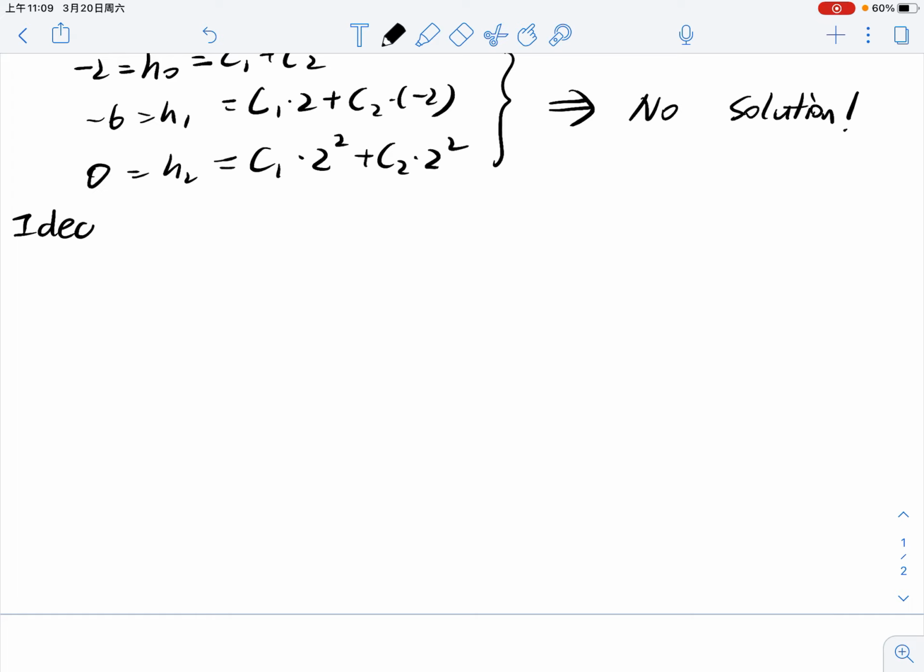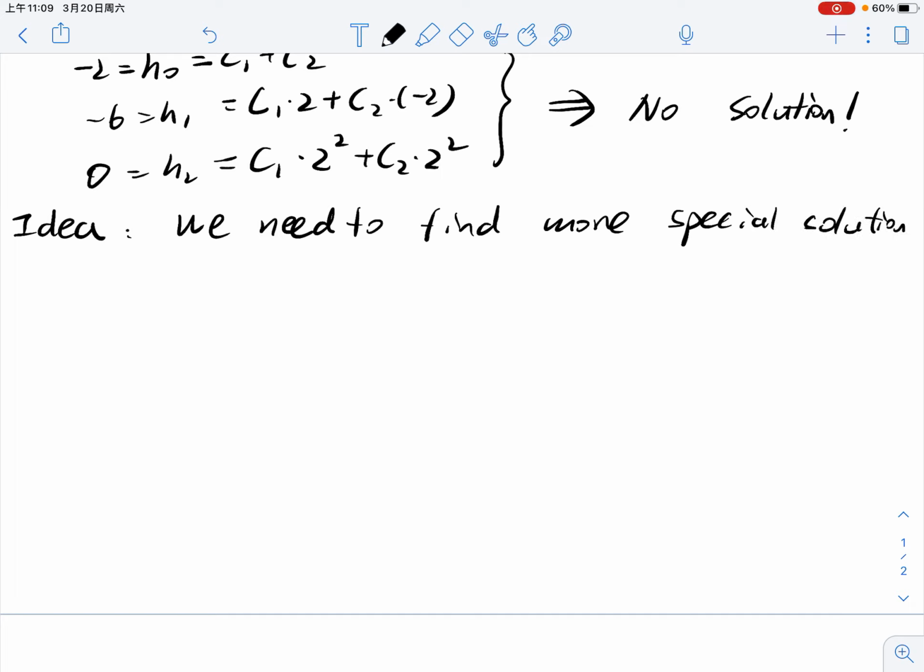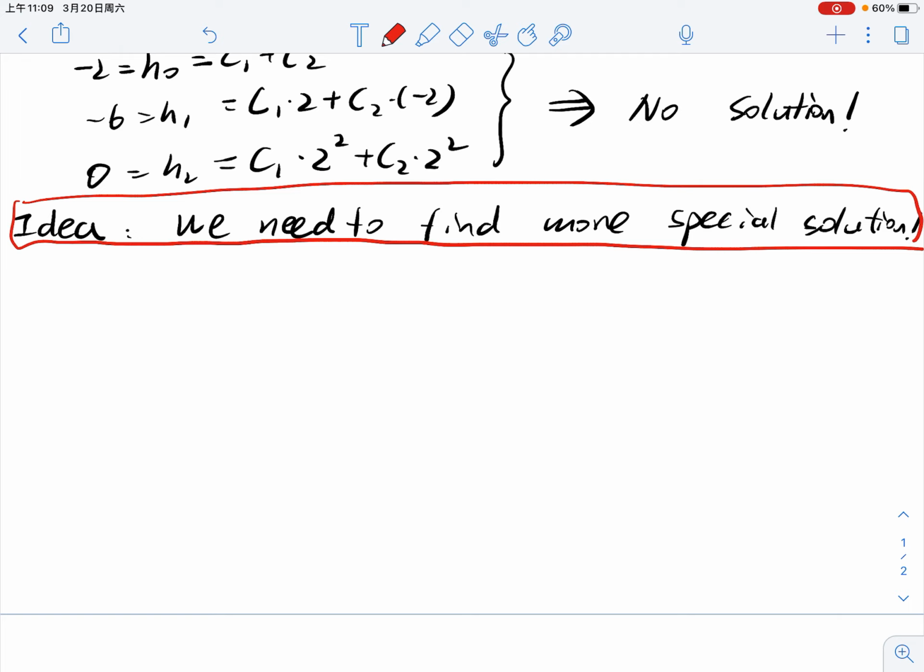So the idea is we need to find more special solutions. That's the key observation, or key motivation, in this type of problem.